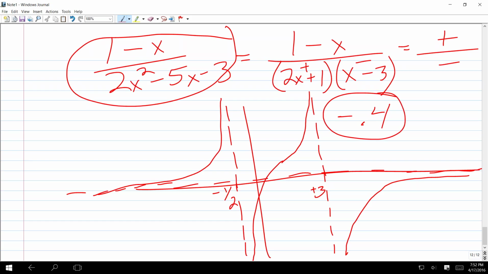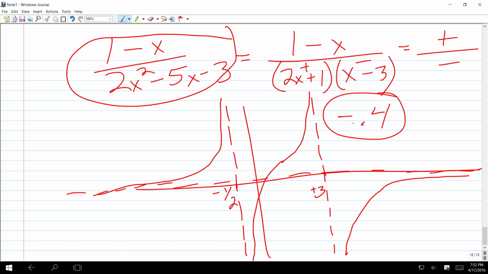Like in one case, I could plug in 3.1, and then I could plug in 2.9. I've never seen a vertical asymptote where it didn't approach either infinity or negative infinity, right? That's the nature of vertical asymptotes. And the only question is to determine which one it approaches. In other words, as we're coming from the right, are we approaching negative infinity or positive infinity?